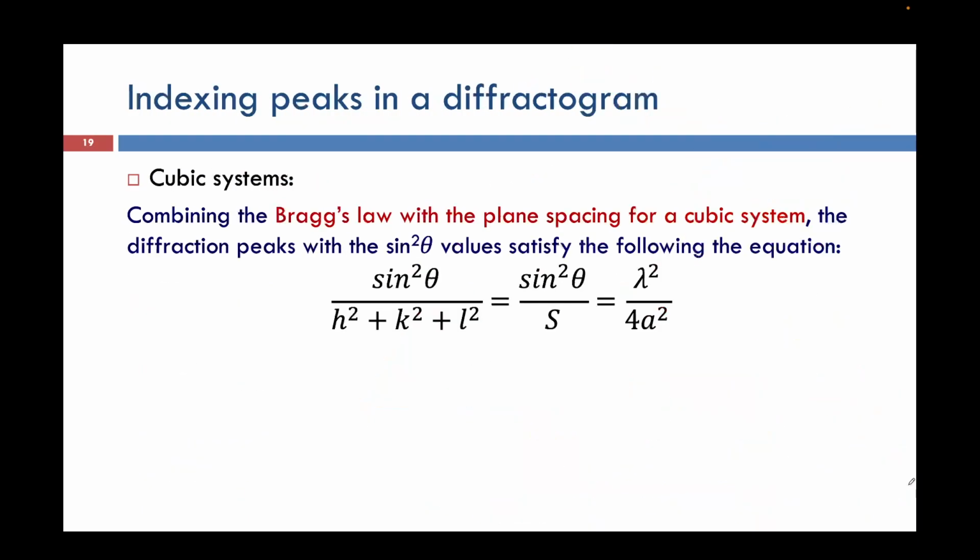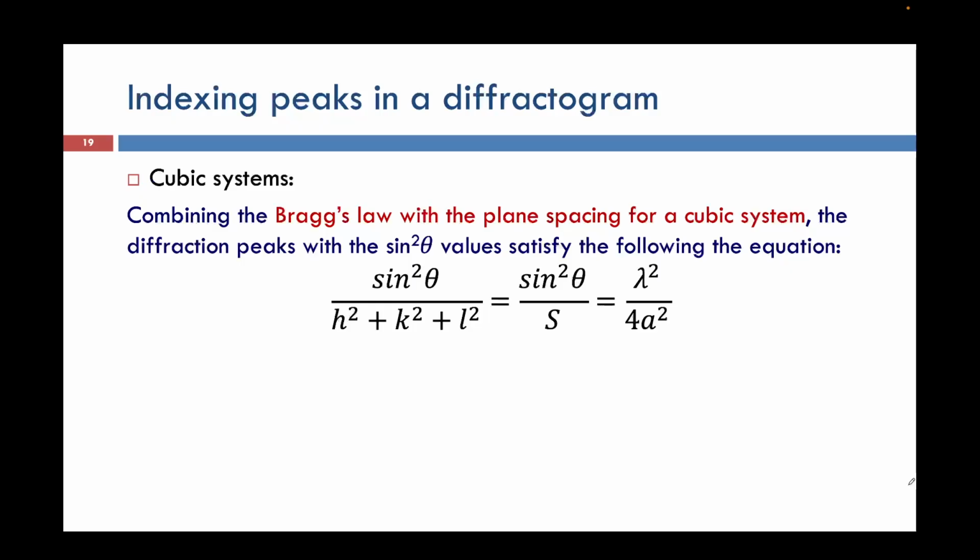Now coming to the final part of X-ray diffraction, which is the indexing of peaks. So far we have talked about how we have to index the peaks; there will be different peaks, and according to different 2 theta values, the position will be different. So how do we index a peak?